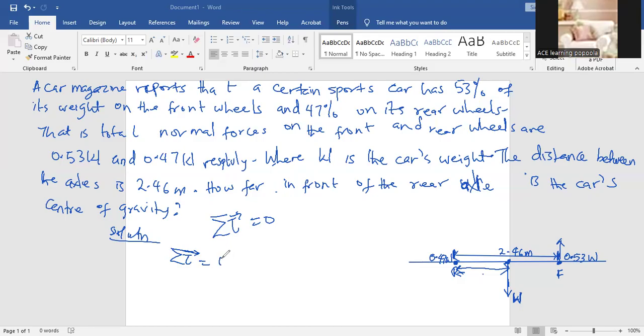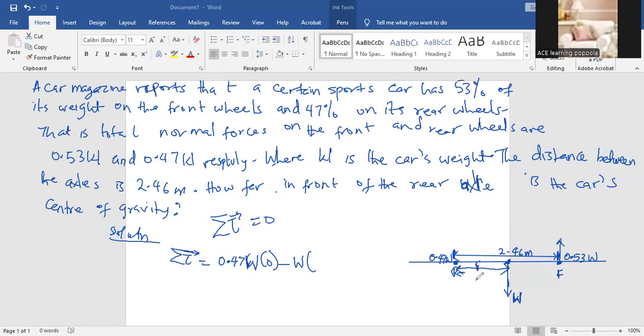So this will now be 0.47 W times 0, I want to put the 0 in the bracket, minus W times where the new center of gravity that we want to get is.